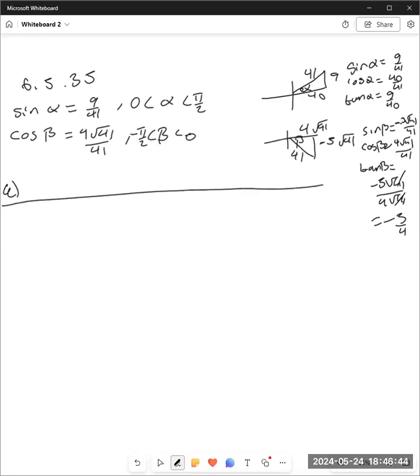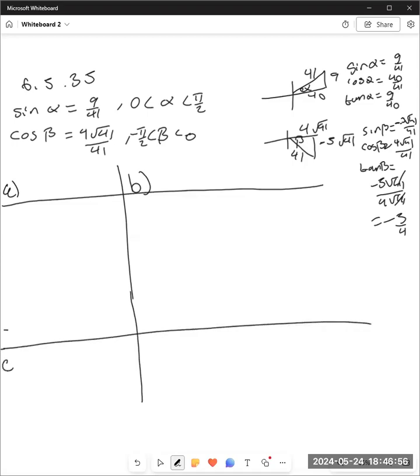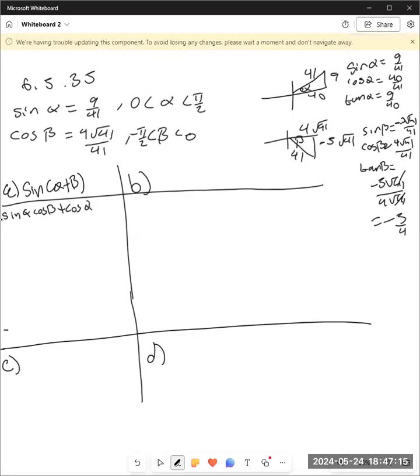So A, B, I think this is going to be enough, C, and D here. So A asks us to find sine of alpha plus beta, which is going to be sine alpha cosine beta plus cosine alpha sine beta.